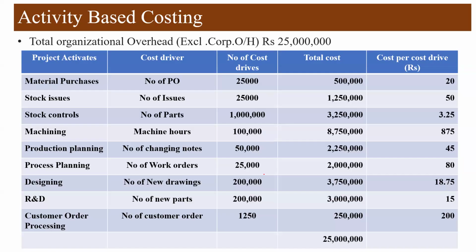In quality management, we discussed one tool to identify the most important. Offhand you can say 875, 200, 80. Those are the highest values.